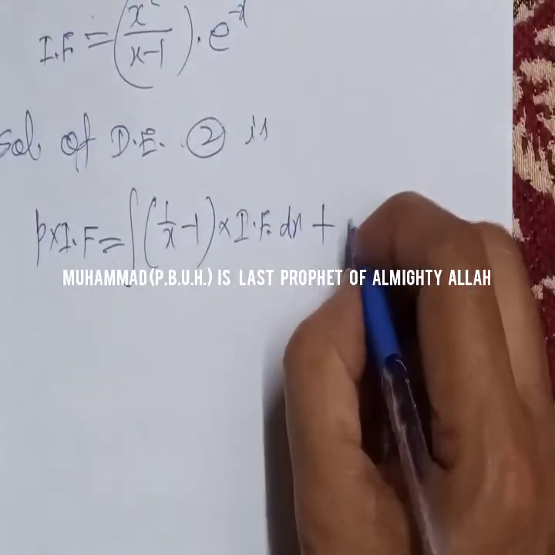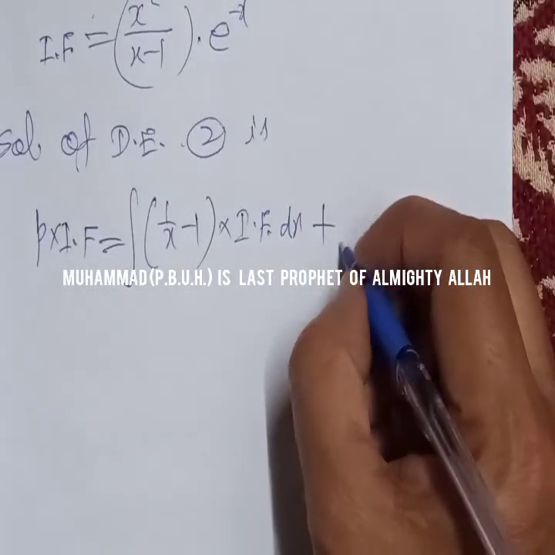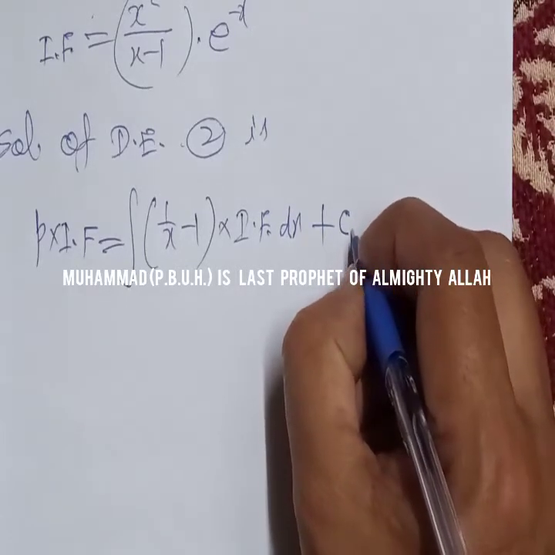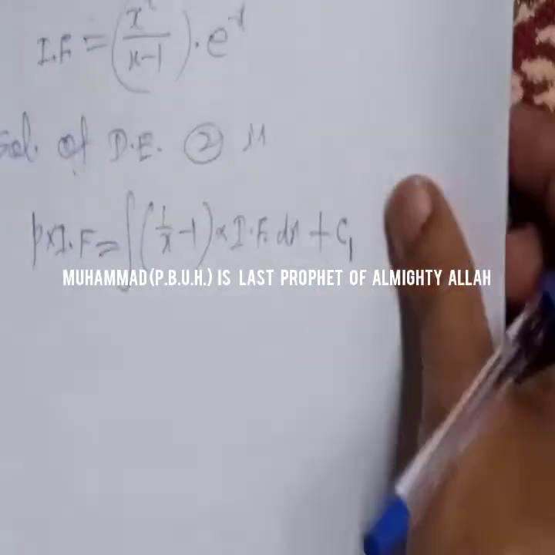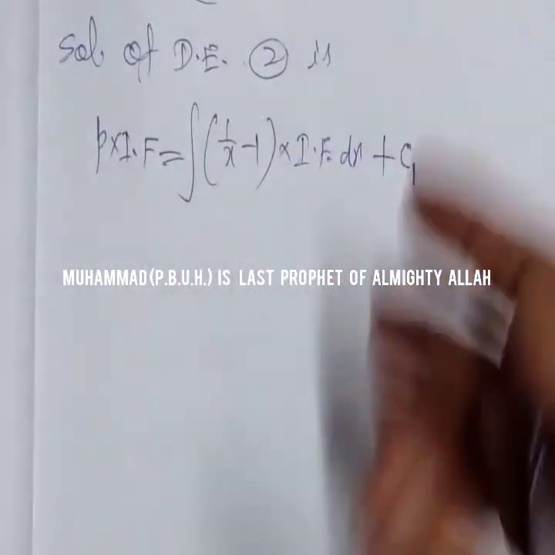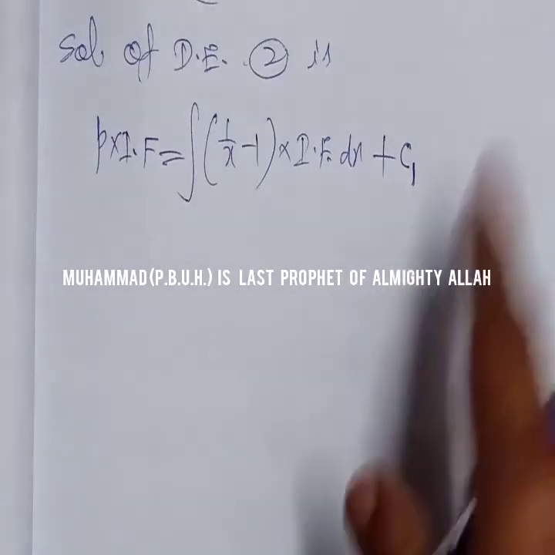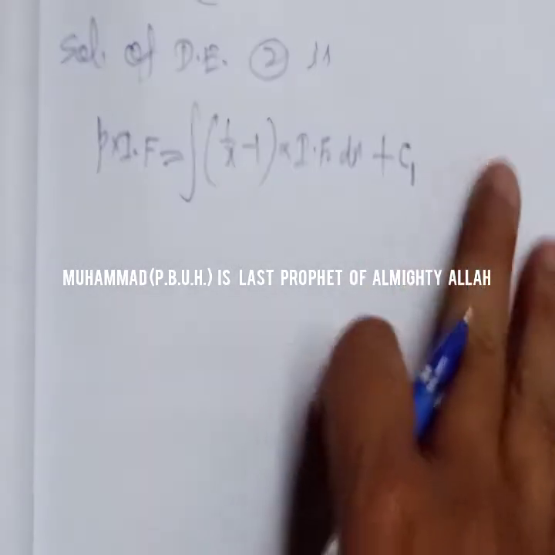Since here we have to add 2 constants, I write first constant c1 and next c2. You can write any alphabet, a, b or c1, c2. I write c1, c2.